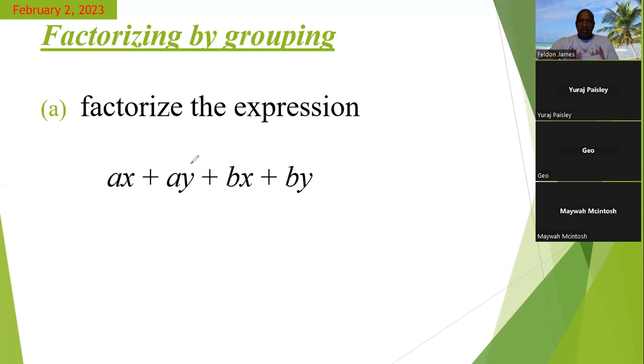For a 4-term expression, what we're going to do is split the 4 terms into 2 pairs. In a sense, we are splitting them into 2 binomial sets that have a common factor. When you look at this pair, you can factorize it based on its common factor. For the next pair, we also can factorize it separately. So the AX plus AY would represent one group that we're going to factorize independent of the other, and the BX plus BY would represent another group.